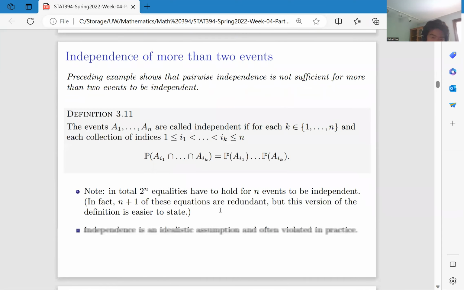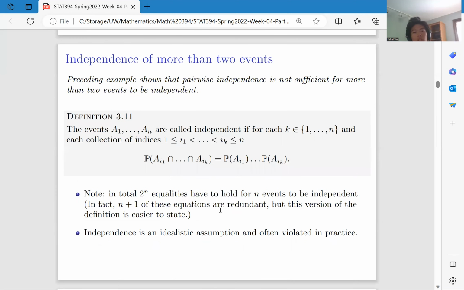Okay, so let's see the formal definition of independence of more than 2 events: 3, 4, 5, up to n. The preceding example shows that pairwise independence is not sufficient for more than 2 events to be independent. So we give a definition here.